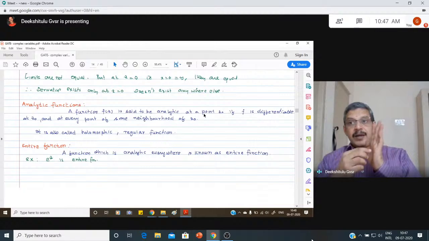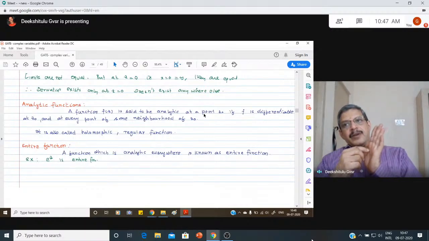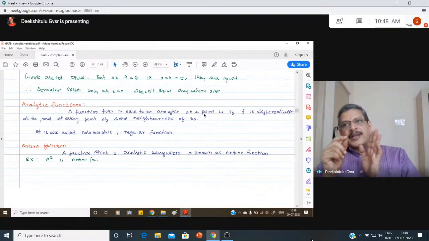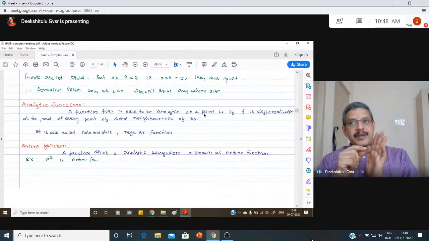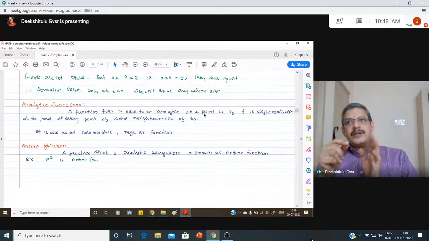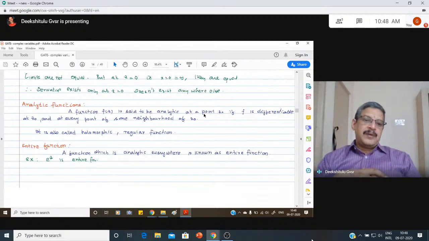If the function is differentiable at every point of this neighborhood, not only the point z0, then it is called analytic. Once again, differentiability at a point and differentiable at every point in the neighborhood of z0, that is analytic behavior.